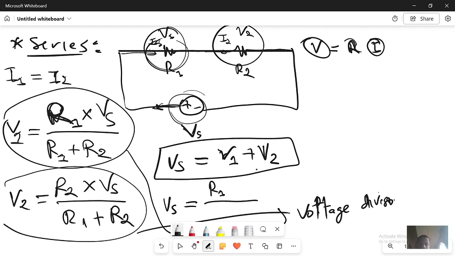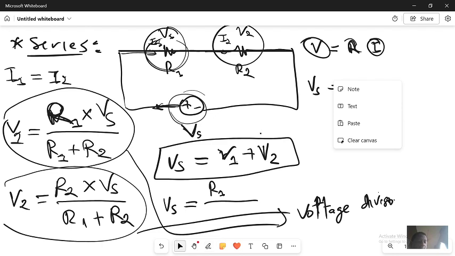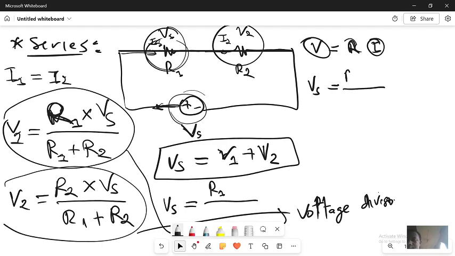Now from here I know that Vs equals V1 plus V2. What's the value of V1? R1 multiplied by Vs divided by R1 plus R2, plus V2.